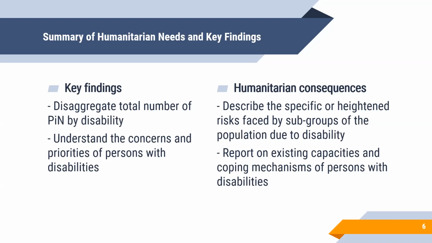Not only the risks, but also the existing capacities and coping mechanisms of persons with disabilities: how they are responding to the crisis, what kind of coping mechanisms they are using, and to which extent their capacities allow them to use negative and positive coping mechanisms.